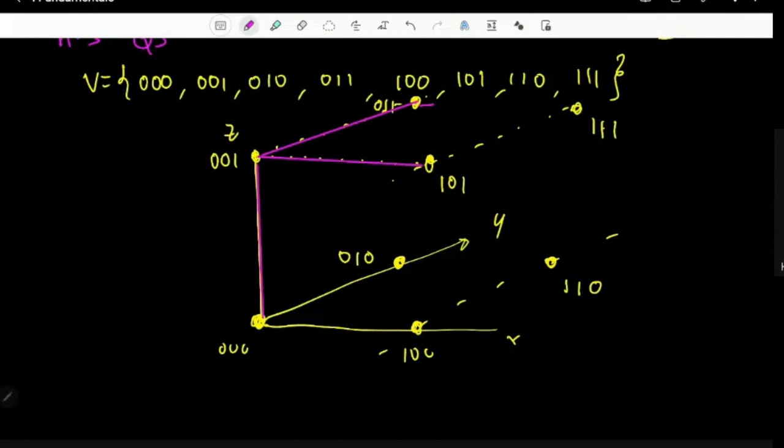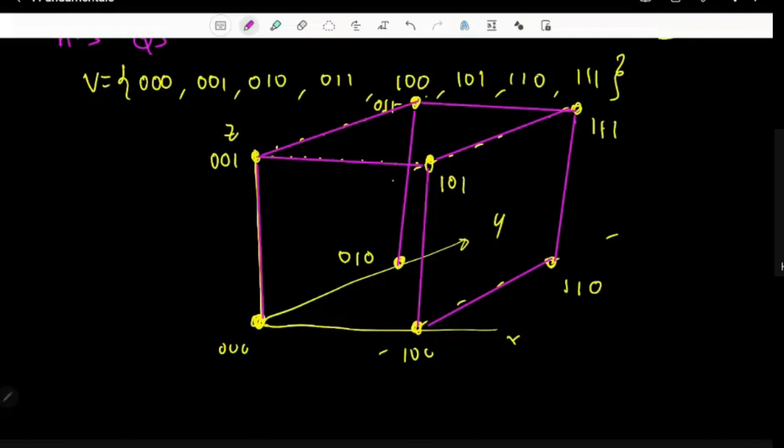I'll draw them. So they differ on the first coordinate. These two differ on the second coordinate. These two differ on the third coordinate. These two differ on the third coordinate as well. These two differ on the second coordinate. The one at the back, this is 0, 1, 1 and 0, 1, 0, differ on the third coordinate.